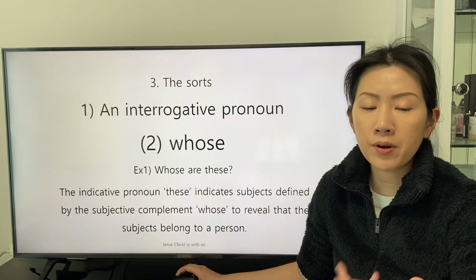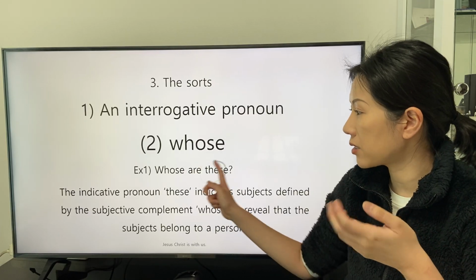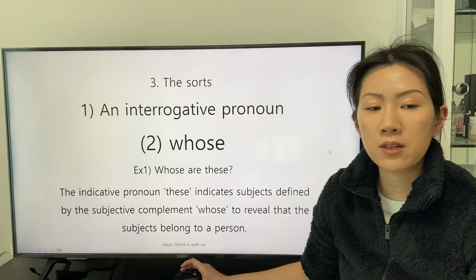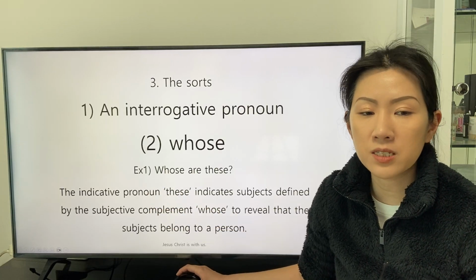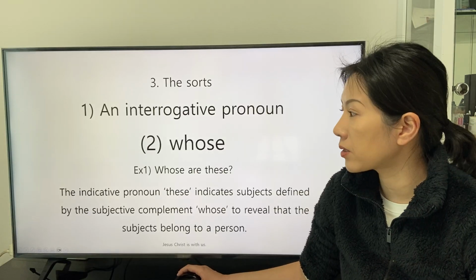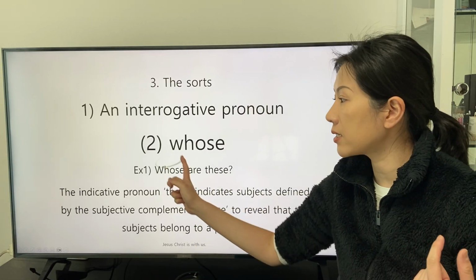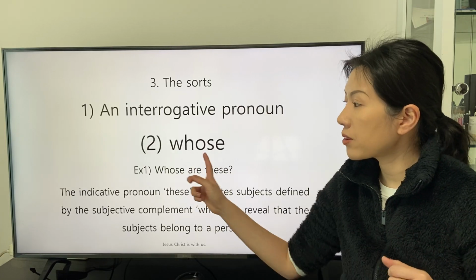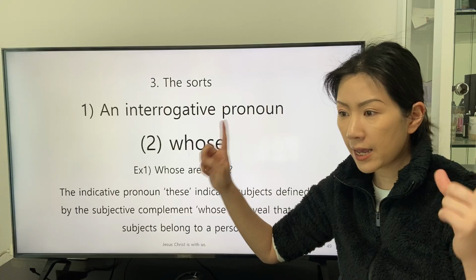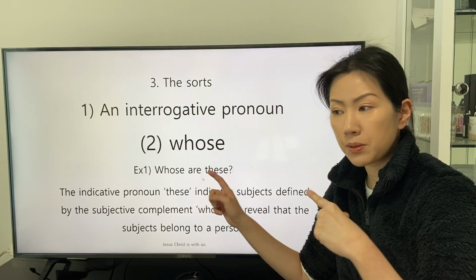The indicative pronoun these indicates the subject, defined by the subjective complement whose, to reveal that the subject belongs to a person. The speaker intends to know about the subject that these belong to.